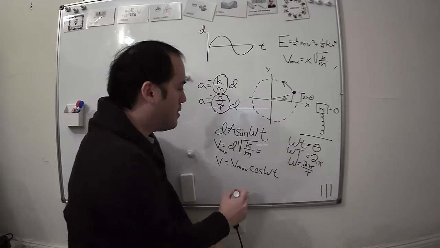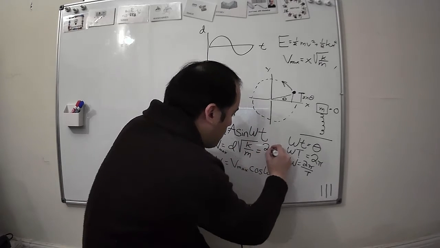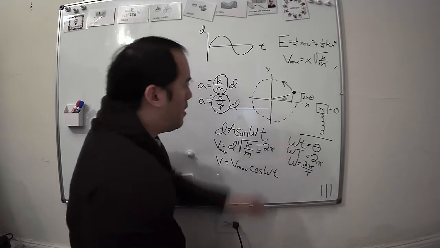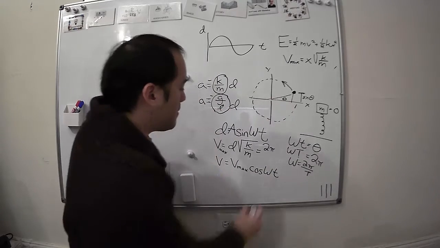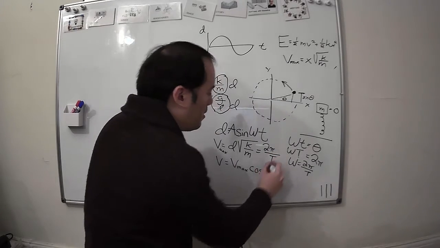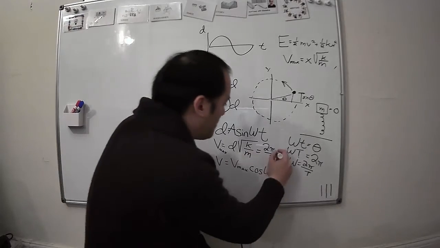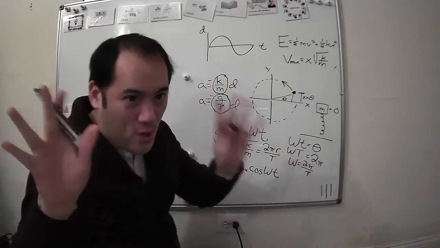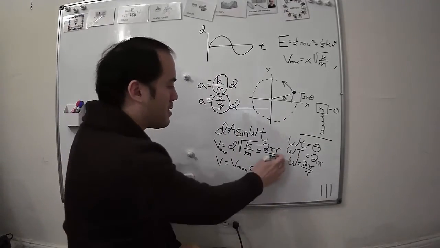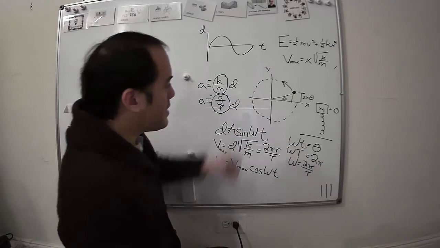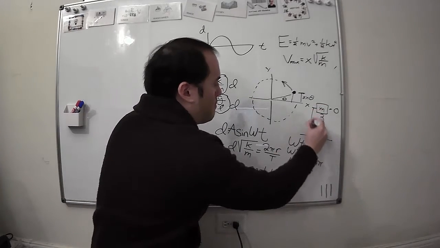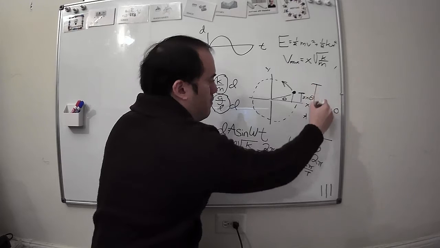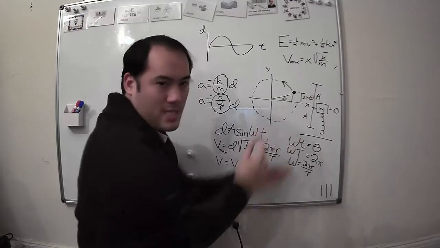The speed of the ball is 2 pi r over t. Oh no, I forgot to write the r. On purpose, mind blown, because the r is the amplitude. Remember, amplitude is the maximum displacement.